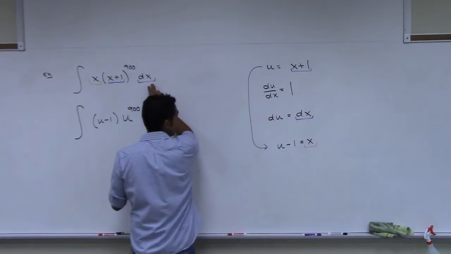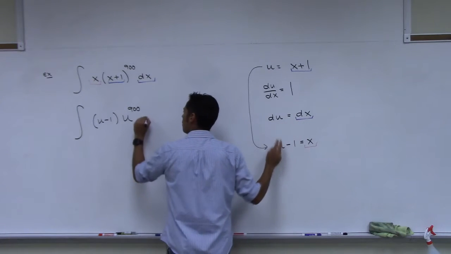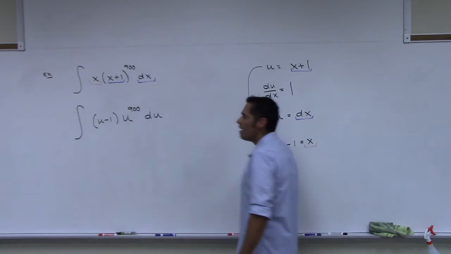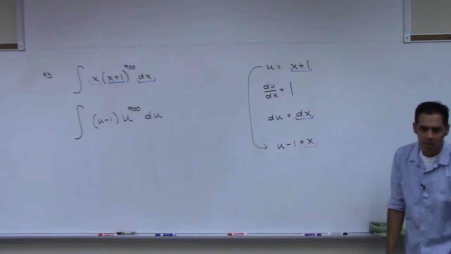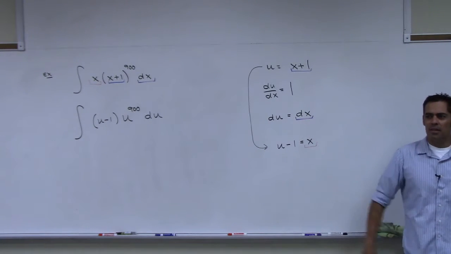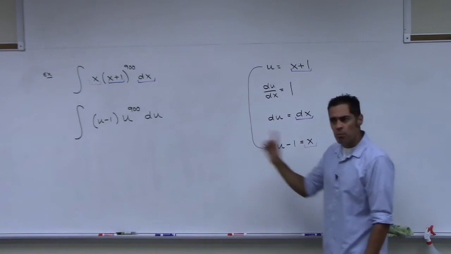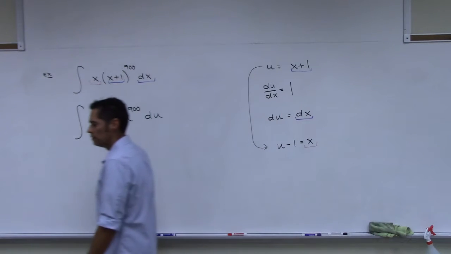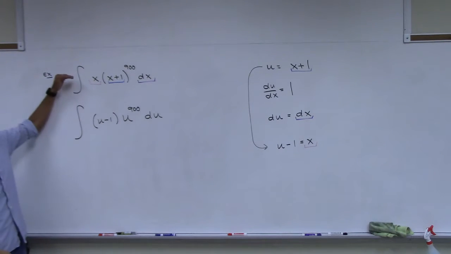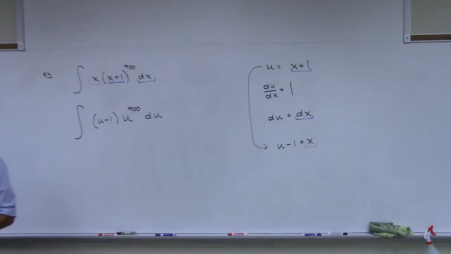And what does dx get replaced with? Du. So you look at that now and you say to yourself, did I even accomplish anything here? Did we accomplish anything? Look at the difference between this and this and tell me if we accomplished anything with that substitution. Look carefully.